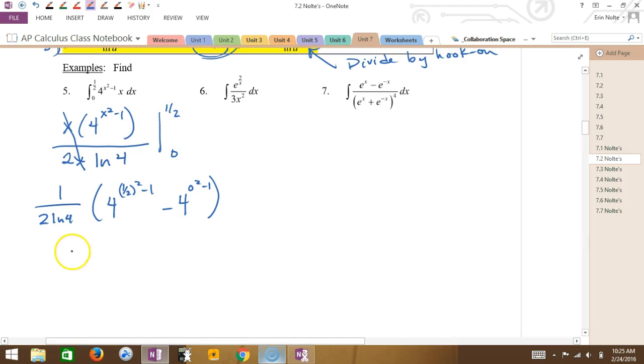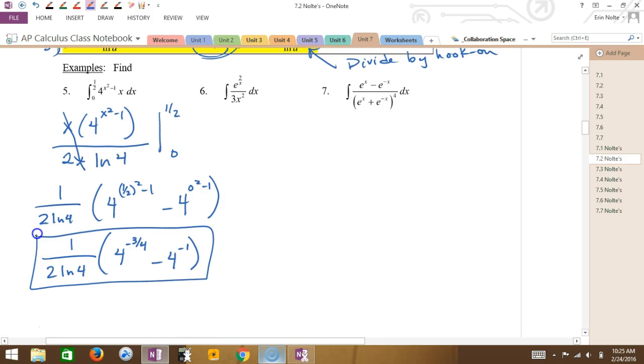So what's 1/2 squared? 1/4 minus 1. Negative 3/4. And then on the other exponent, I have 0 minus 1, which is negative 1. And I'm going to leave that like that.